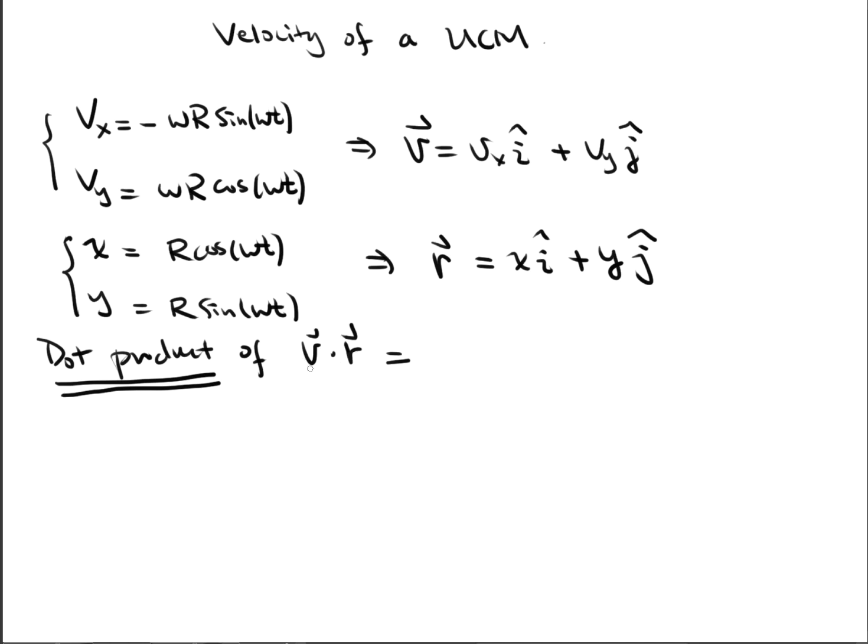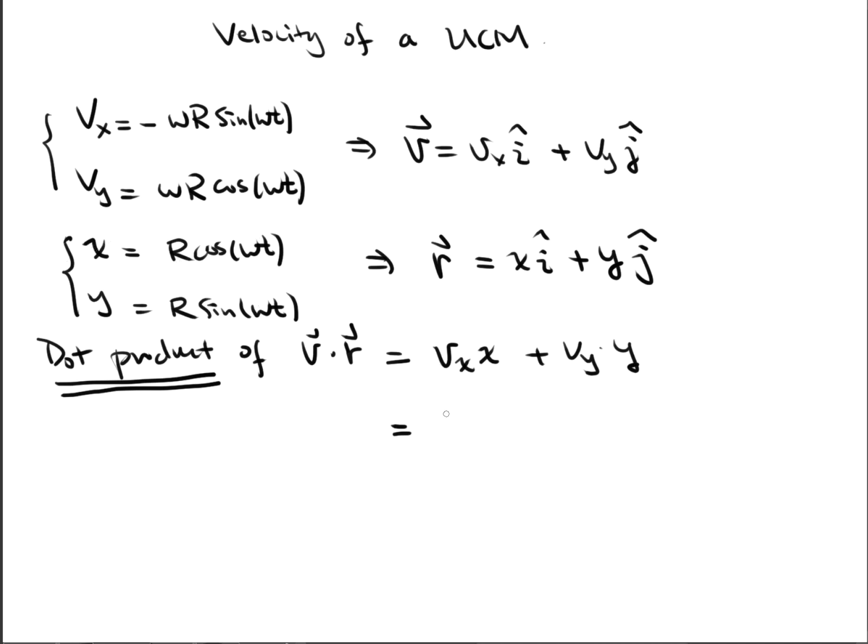Its operation is the following: v dot r is given by vx times x plus vy times y. Now let's plug in these expressions for x and y, and also vx and vy. Let's see what happens.